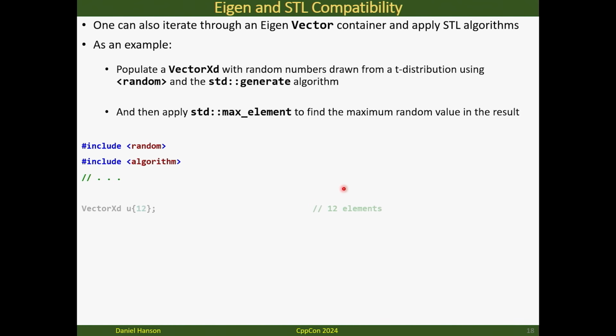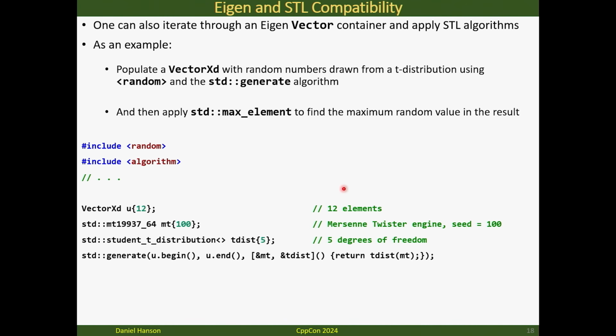Okay, so we define a vector XD called U with 12 elements. And we'll use the Mersenne-Twister random engine, the student t distribution class, and so for a t distribution with 5 degrees of freedom. And then we'll apply the generate algorithm just like you would do with a standard container.